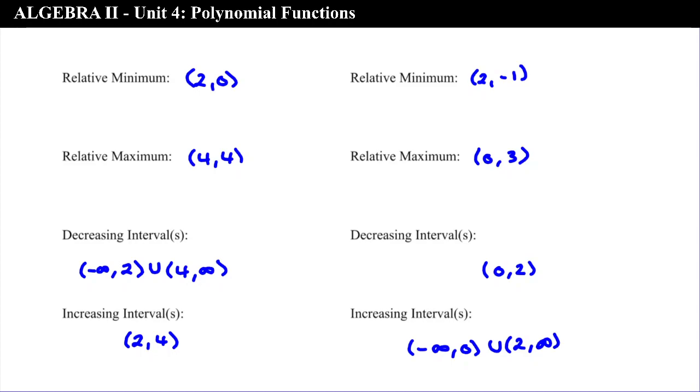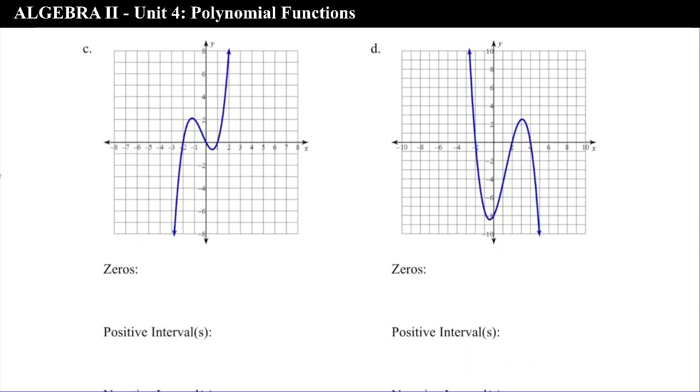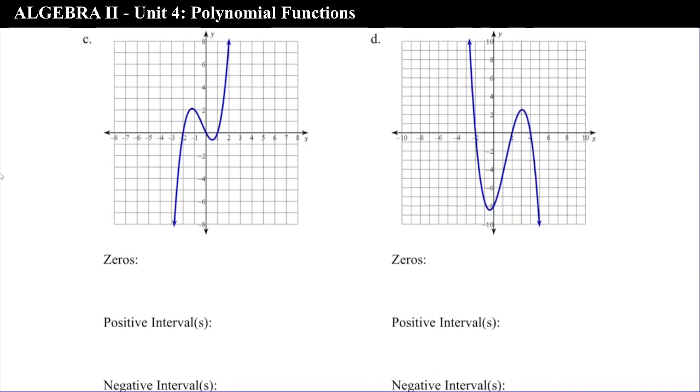All right, let's move on to the next page where we've got a few more examples for you. So in these, we're going to determine what the zeros are. Well, the zeros are simply where the graph either touches or crosses the x-axis. So our zeros for this graph are -2, 0, and 1. Our positive intervals break up where we have the zeros, okay?